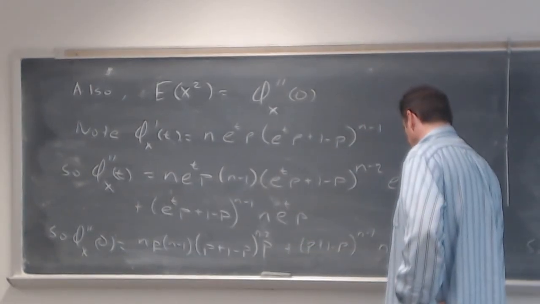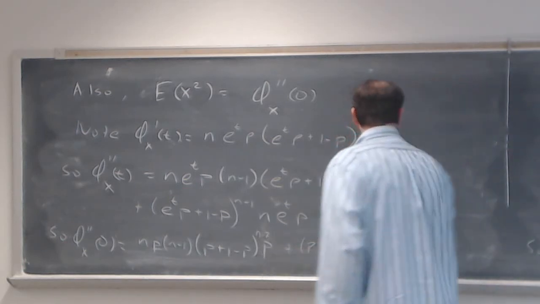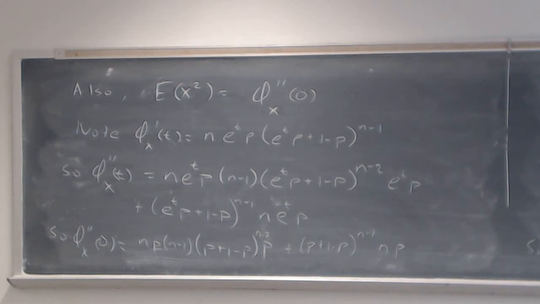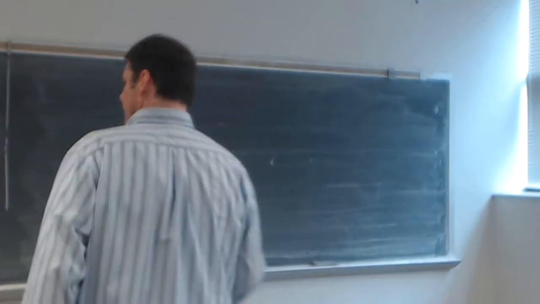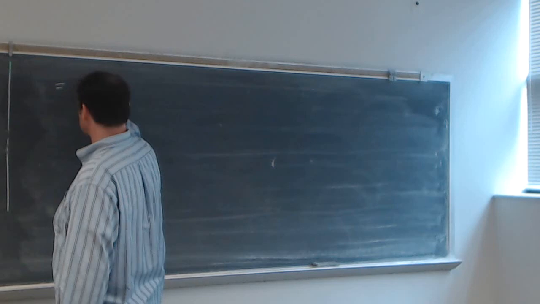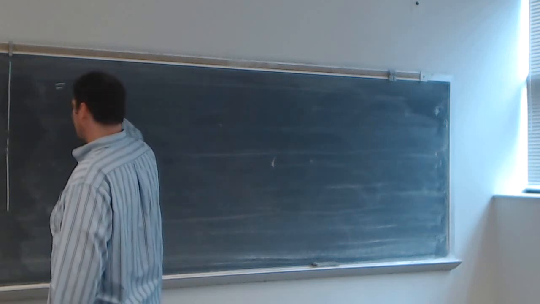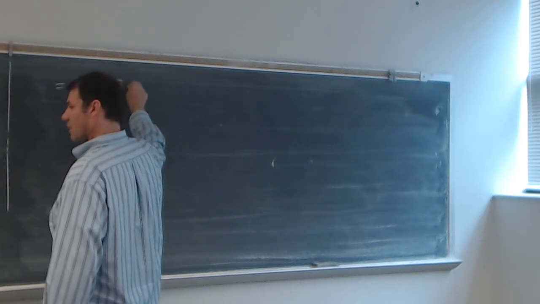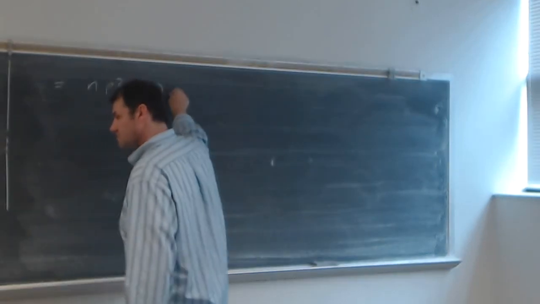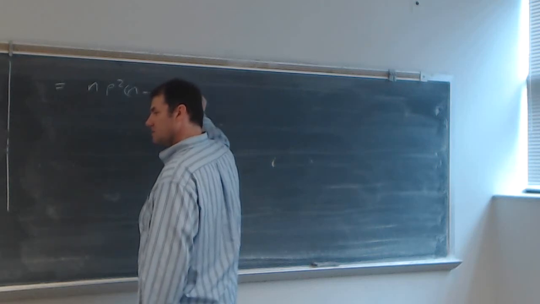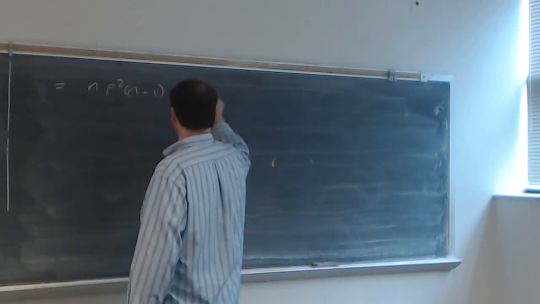This is 1, so p. So that's equal to n, well, write down n, p squared times n minus 1, that's what that is, plus this was np, okay?